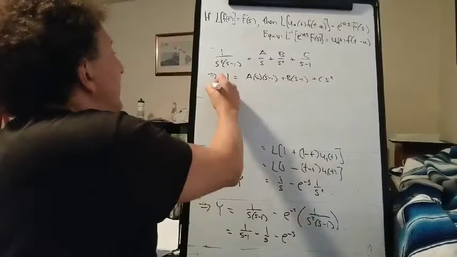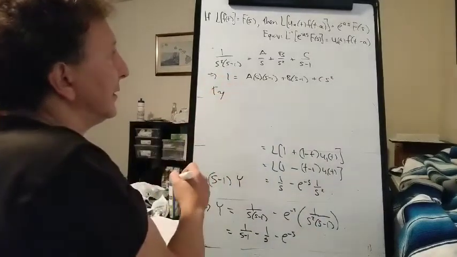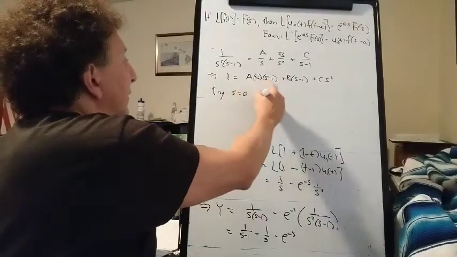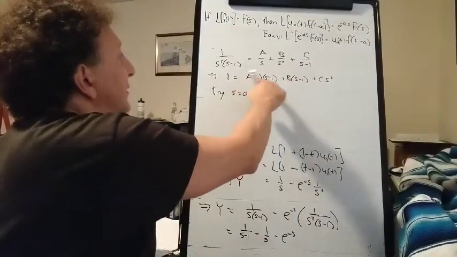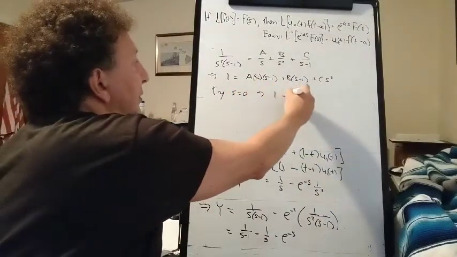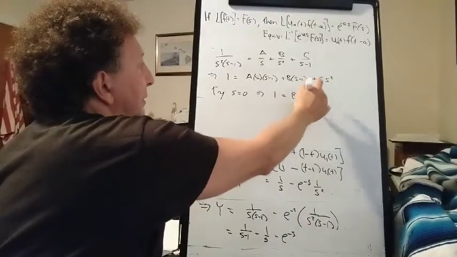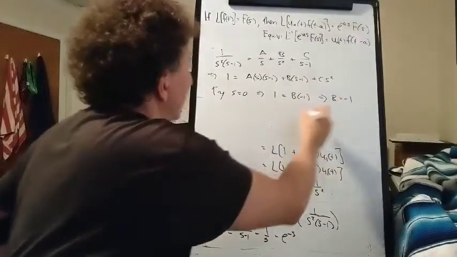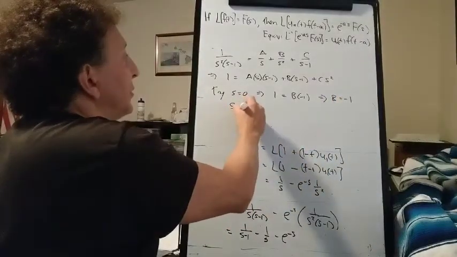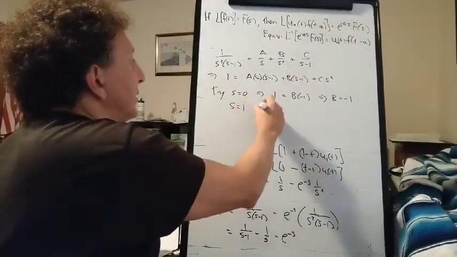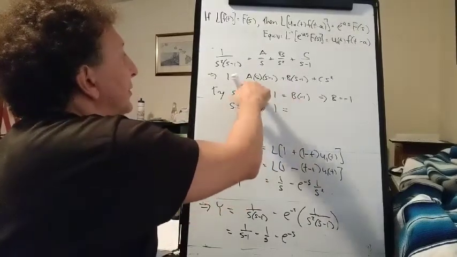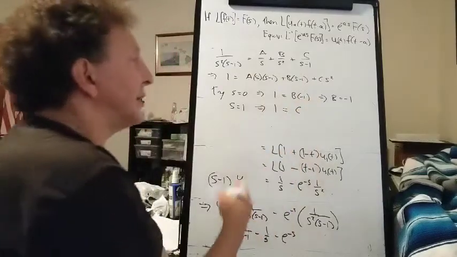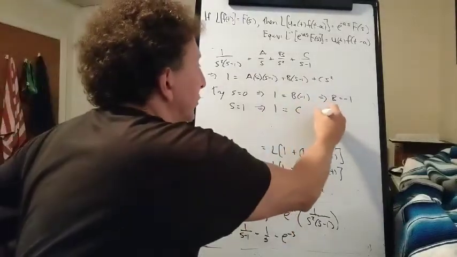So if we try, let's say, s equals 0, that gives us 1, this disappears, equals B times minus 1, and that disappears, so I guess B is minus 1. And if we try s equals 1, that'll make other things disappear. 1 equals, that disappears, C times 1 squared, so I guess C is 1.